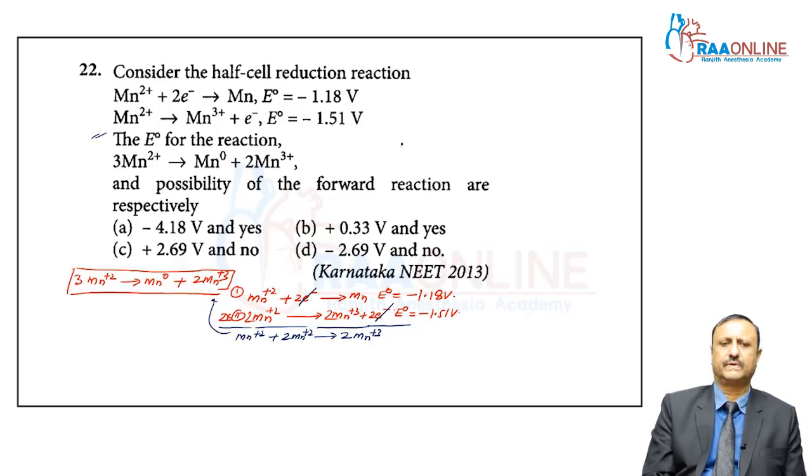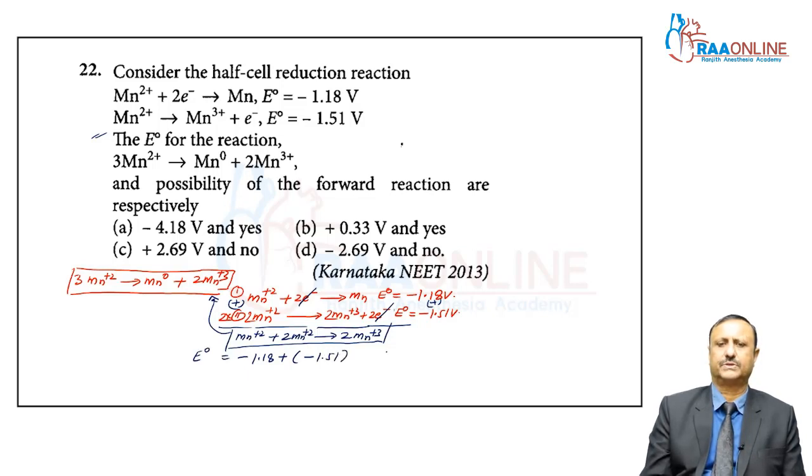When you add these reactions, E naught cell equals E naught C minus E naught A. Don't put this formula directly; you can directly take E naught minus 1.18 plus minus 1.51, because when you add both equations you get this equation, which is similar to this one. So E naught of this reaction is minus 1.18 plus minus 1.51, which gives minus 2.69 volt.